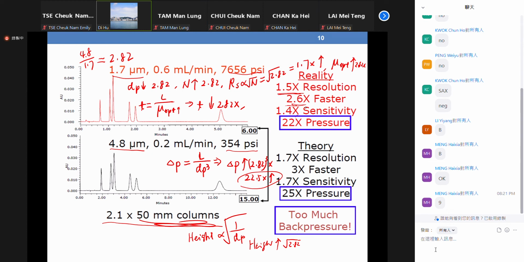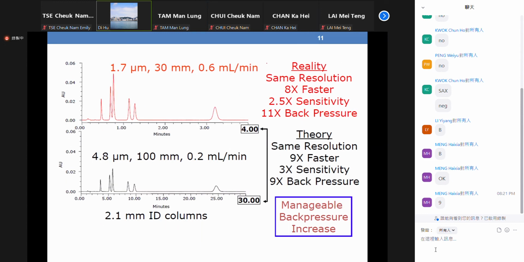But from that you see that the pressure drop has increased by so many times, 22.5 times, that's a lot. That's just too much. So if you really consider that, the way to do so is to use a shorter column. When the particle diameter changes, you already get good enough resolution, because now everything is well separated.